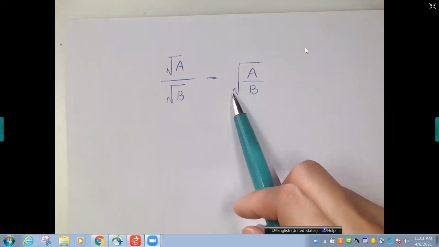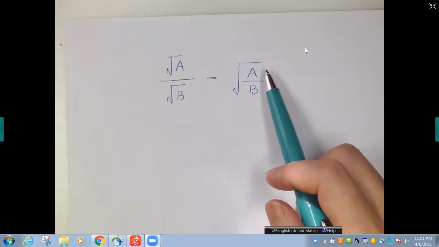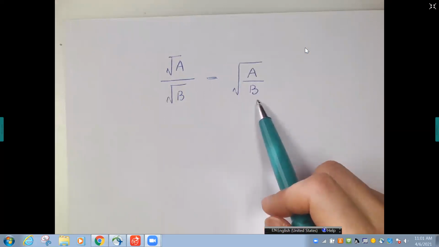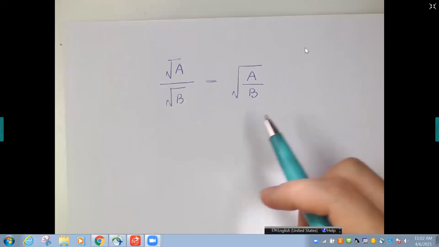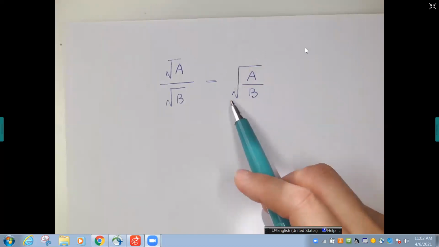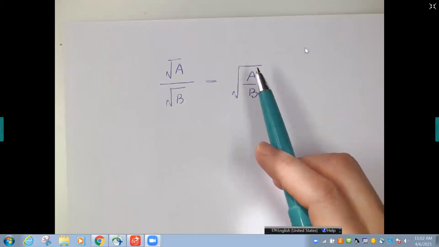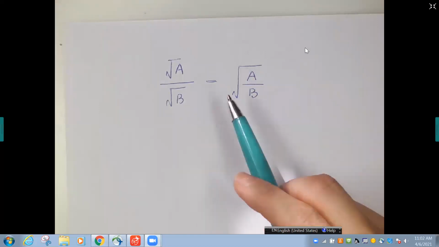The only thing we need to do now, again, is simplify this radical expression. And remember, there is a rule. It's pretty similar to any fractions. We know that any fraction needs to be simplified. Same thing here: any radical expression needs to be simplified. Simplification means we move the radicands out as much as possible.